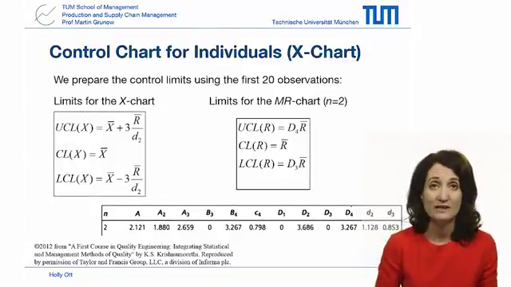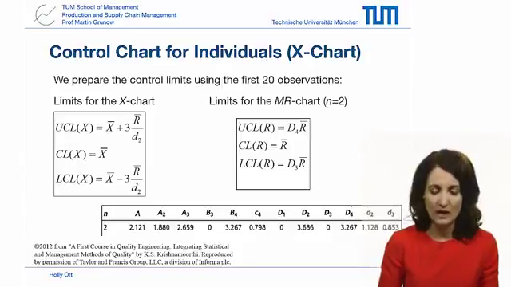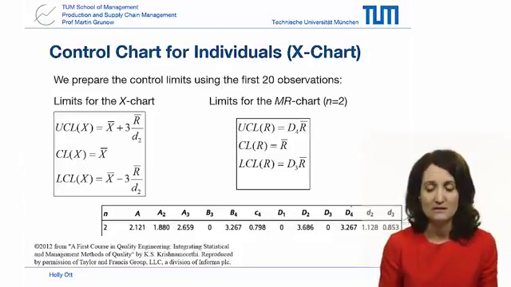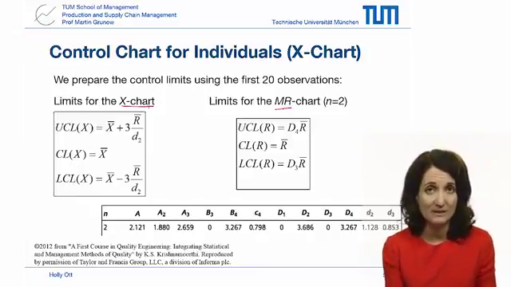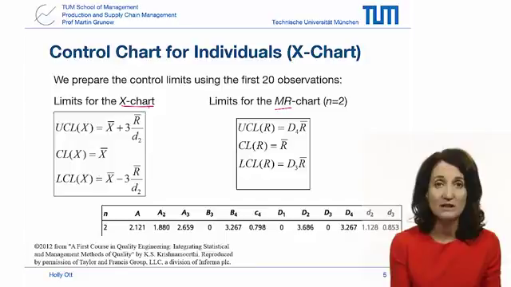If we're doing this, you would calculate control limits, as we said, using the first 20, 25 observations. The moving range will track the variability, and your X chart will track the process mean. You would calculate the control limits as we have seen here.